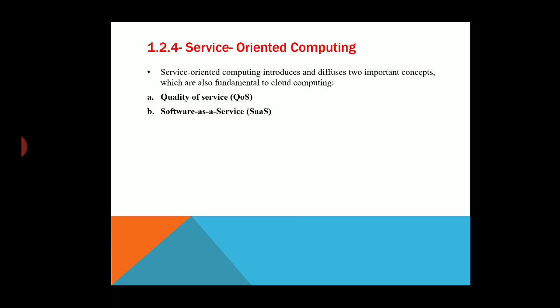Service-oriented computing introduces and diffuses two important concepts which are also fundamental to cloud computing. First one, quality of service and software as a service. Quality of service identifies a set of functional and non-functional attributes that can be used to evaluate the behavior of a service from different perspectives.